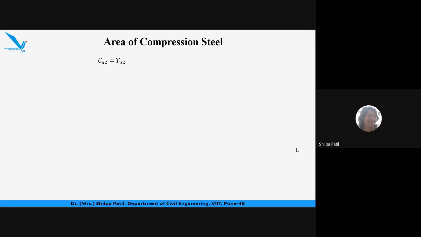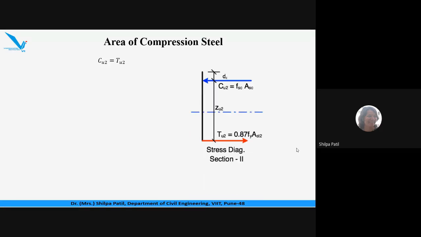That is why Cu2 is equal to Tu2. What is Cu2 here? Cu2 is FSC into ASC. Tu2 is 0.87 Fy into AST2.